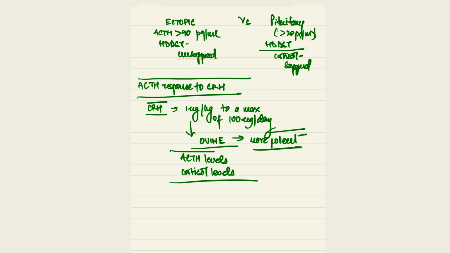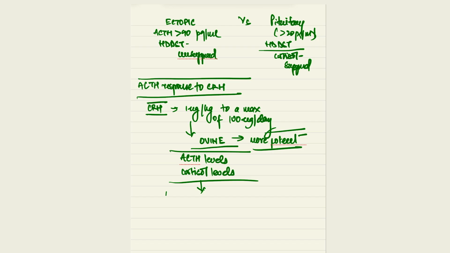So normally if it is a pituitary cause and we give CRH, CRH is usually physiologically coming from the hypothalamus, but here we are giving it from outside. So what it should do is that it should stimulate the production of ACTH from the pituitary and subsequently increase the production of cortisol from the adrenals.